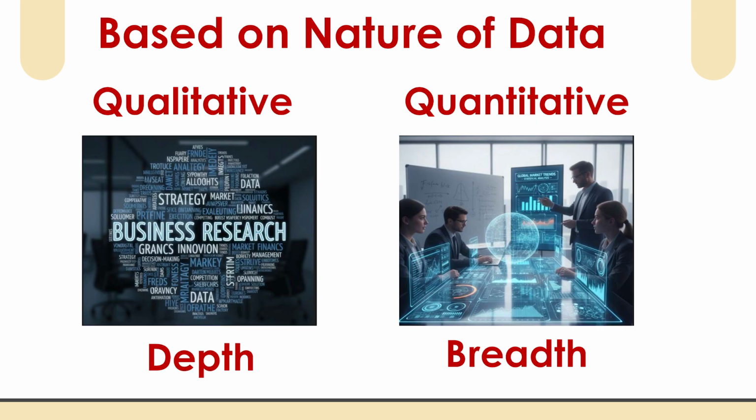Broadly, there are two categories: qualitative and quantitative. Qualitative research deals with non-numeric data, things like opinions, motivations, feelings, and experiences. It helps us understand the why behind behavior. For instance, if customers suddenly stop buying a product, qualitative research might involve interviewing them or conducting focus group discussions to uncover their reasons.